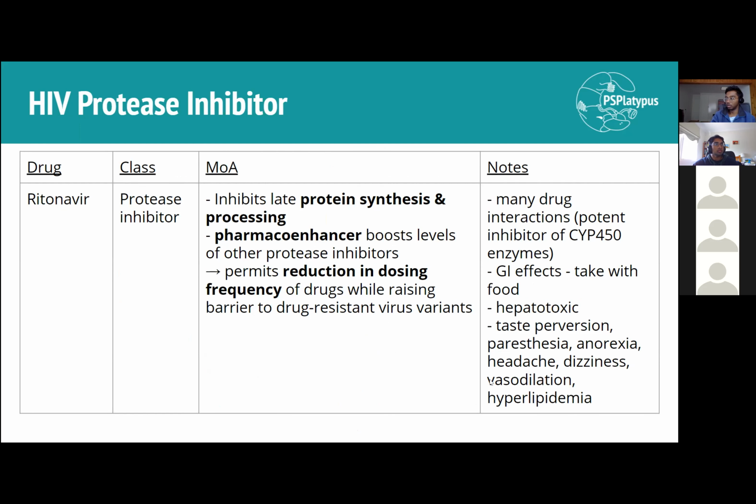And one key thing about this is that it's a pharmacoenhancer. So if we have this drug, it boosts the levels of other protease inhibitors for some reason. So this means that we can reduce dosing frequency for those drugs while raising the barrier to drug-resistant virus variants, since we don't need that much dosage to kill off the viruses anymore, which is very useful for us.